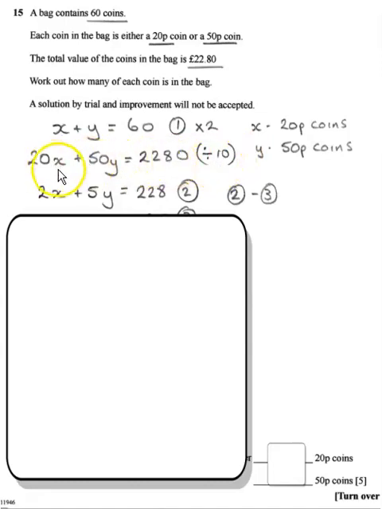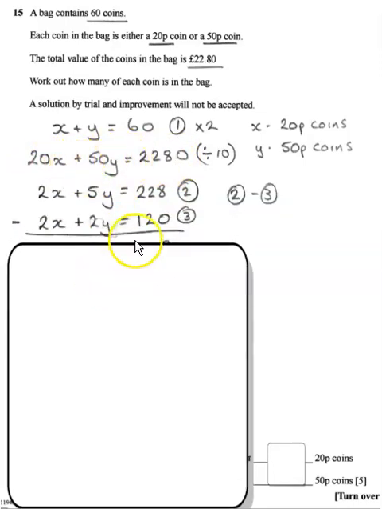This makes it easier. You don't have to do this, but it makes it easier to work out. Everything has got a multiple of 10, with zeros at the end, so I can make it easier by dividing by 10. So now I've got 2x plus 5y equals 228.